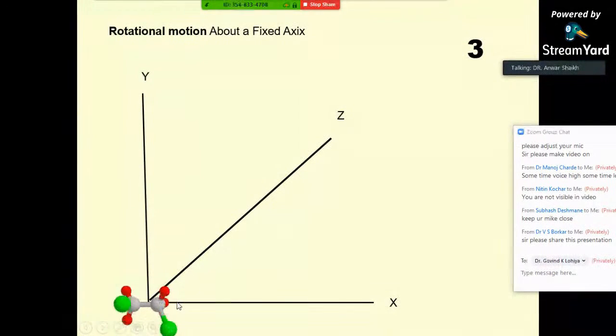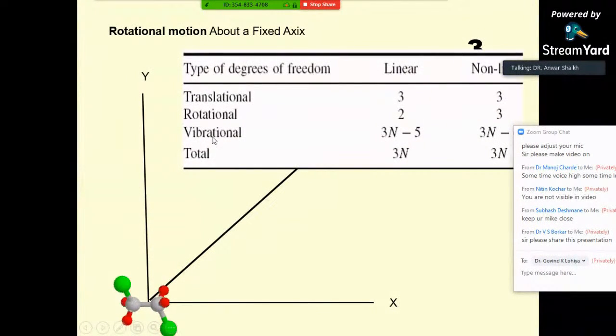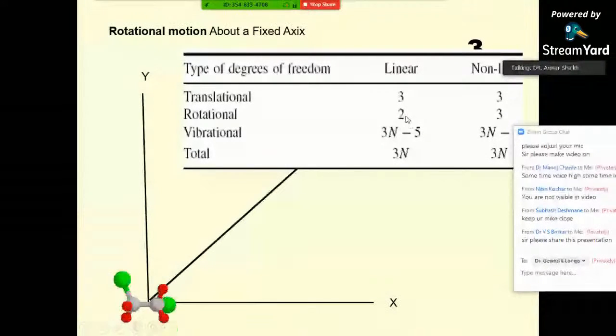So it has 3 degrees of rotational motion, whereas for the linear molecule it is 2.